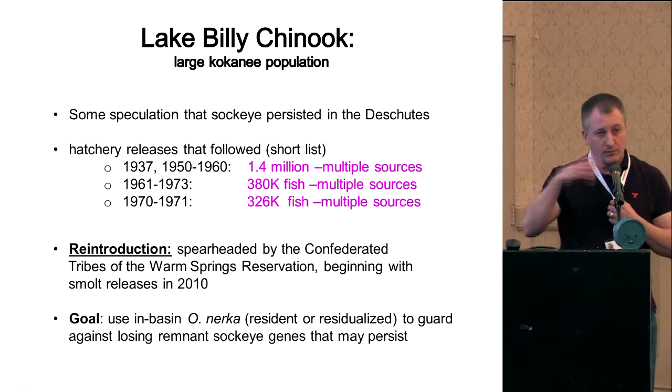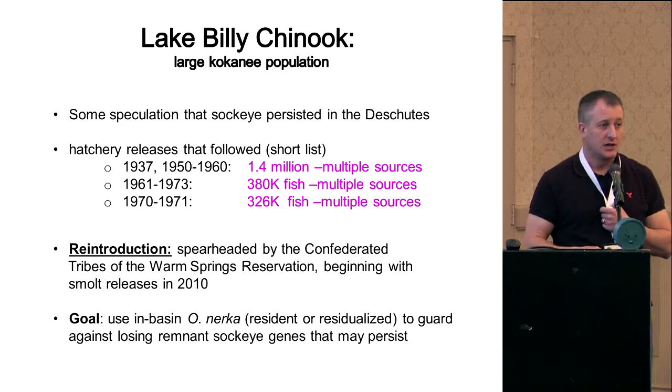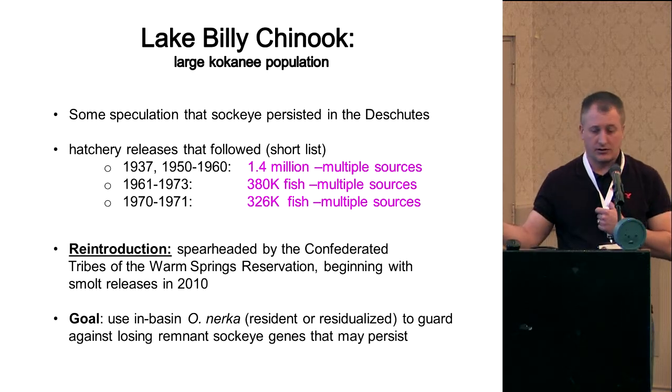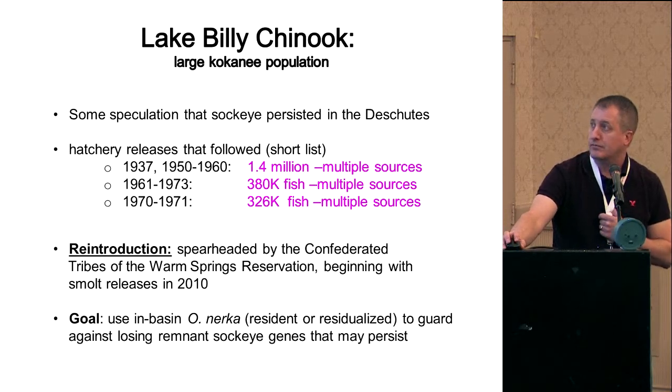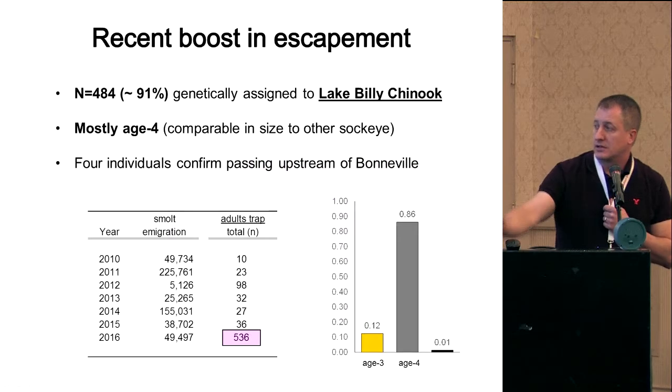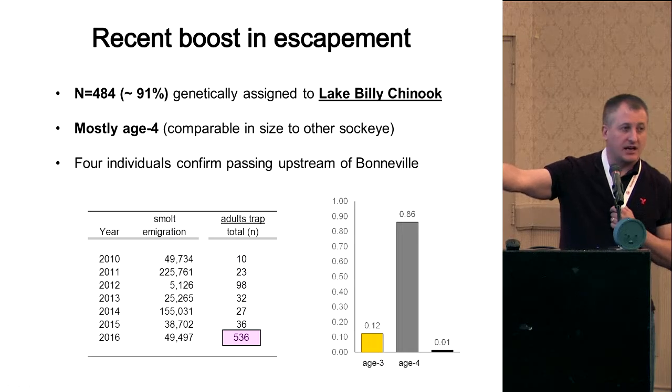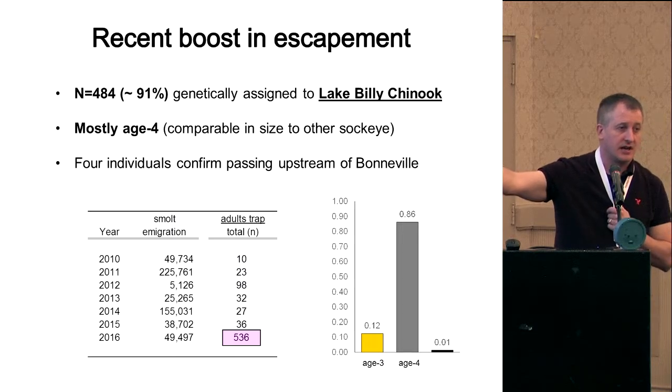They were involved in building a rather large fish trapping station on the lake where smolts are trapped and taken downstream. So you can see here that in 2016 they actually got 536 sockeye back.